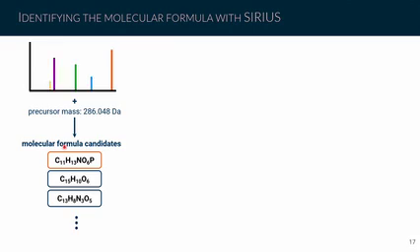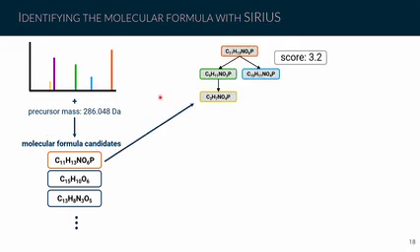And what we do basically is for each of these candidate molecular formulas, which means it has the mass of the precursor, right, we compute a so-called fragmentation tree. So there are many fragmentation trees possible. For each candidate, we solve an optimization problem to find the tree that explains the spectrum best, and such a tree has a score.